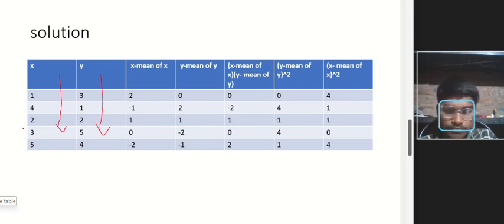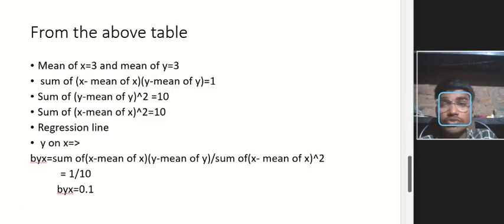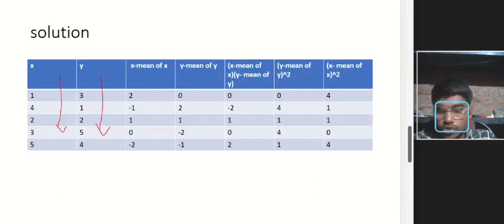So we are given this table, and we are converting it into another table. We are obtaining the x values and the y values. We all know that the mean is nothing but the sum of the observations divided by the number of observations.